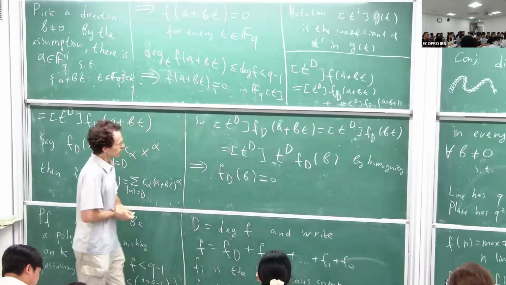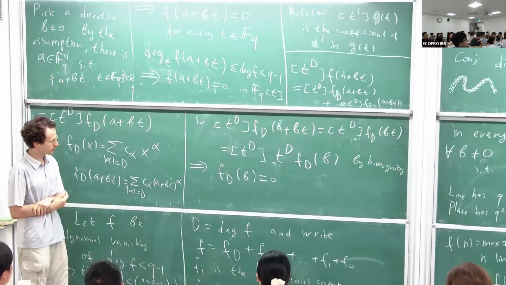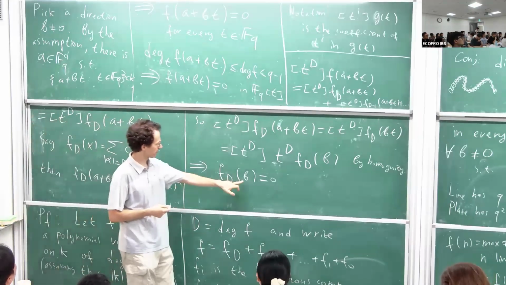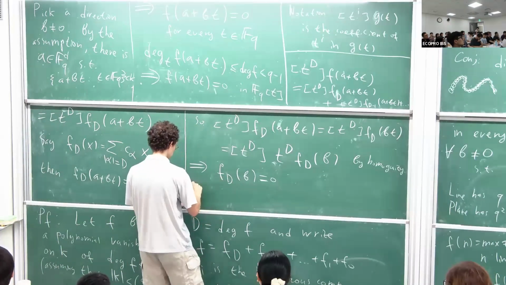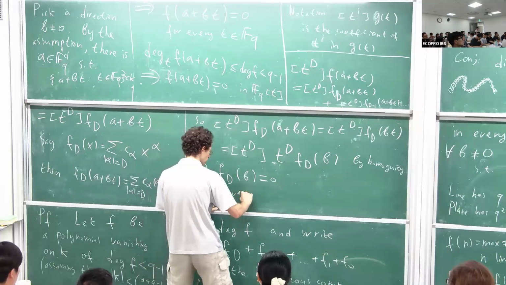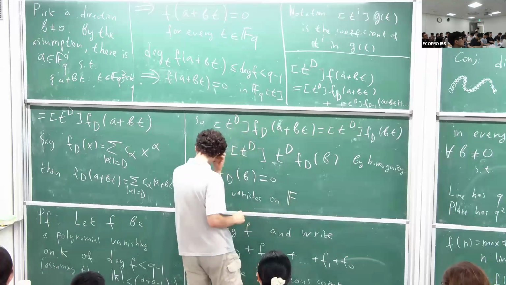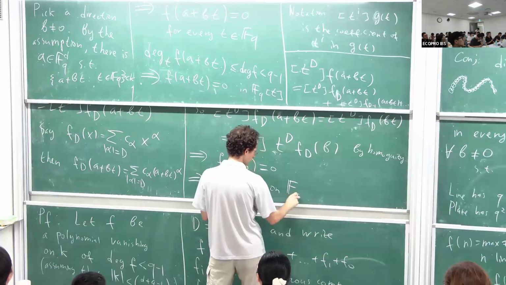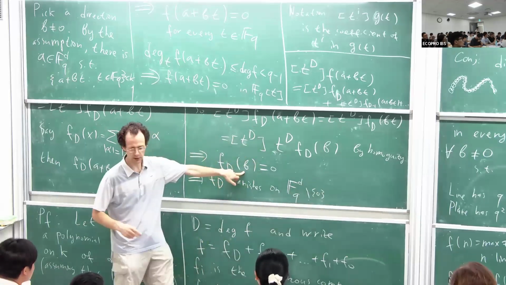So what we just learned is that the polynomial f_D is 0 everywhere, for every value of D. Let me just write it: f_D vanishes on F_q to the d, for all b arbitrary non-zero.